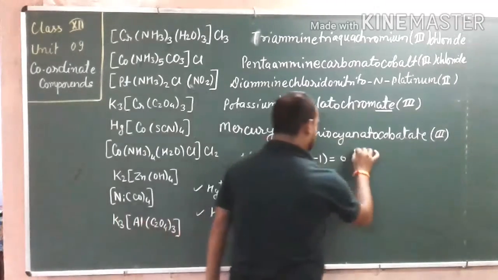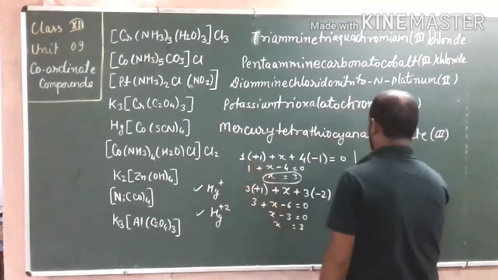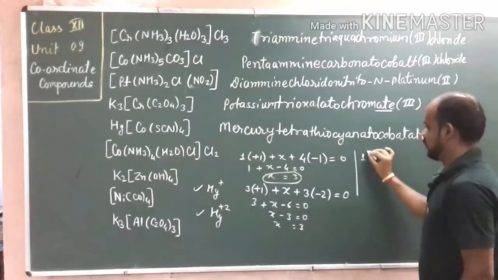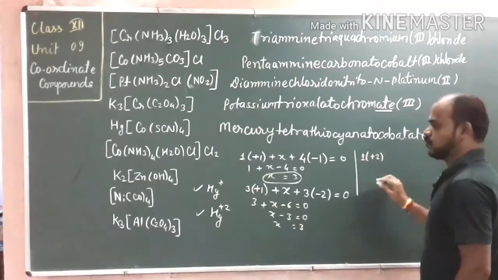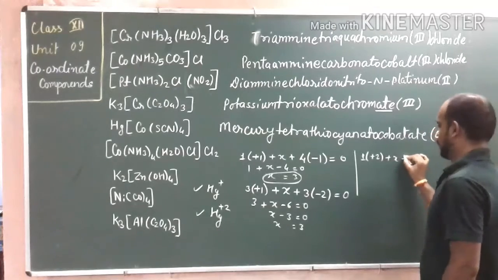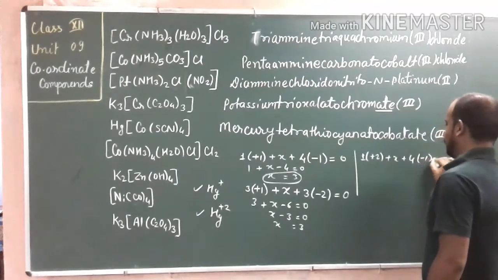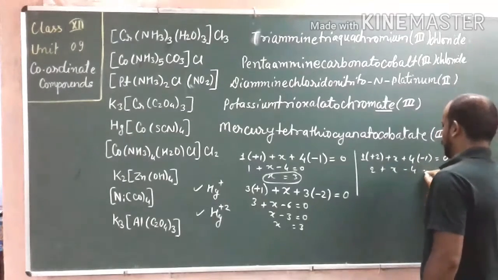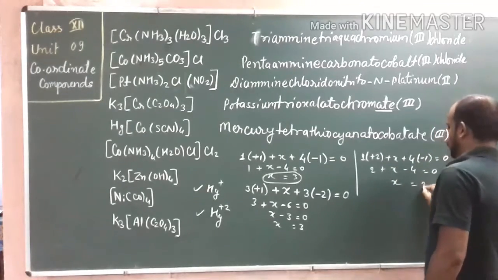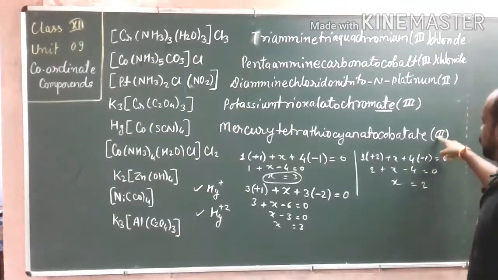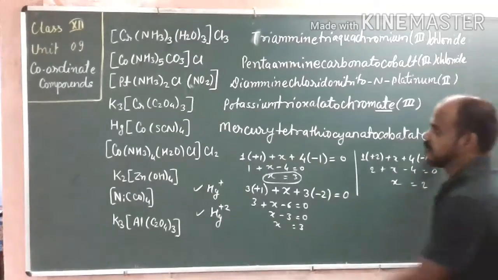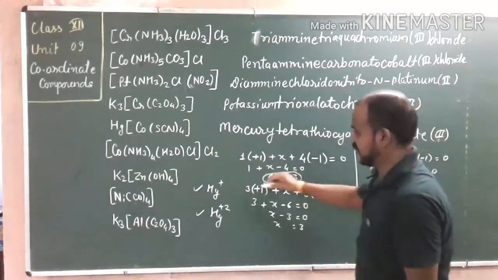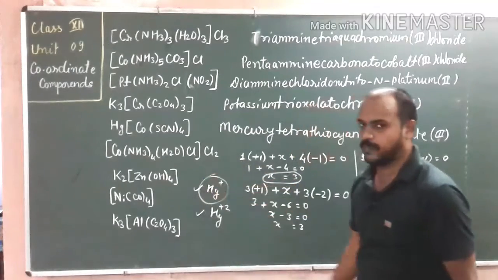If we take mercury as second, it will be 1 into +2 plus x plus 4 into -1. So here 2 plus x minus 4 equal to 0 gives x equal to 2, which is not correct. So mercury is present in the Hg plus form.